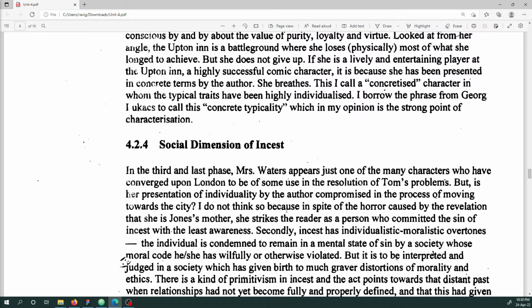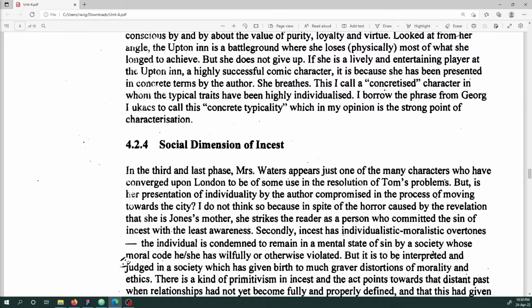But is her presentation of individuality by the author compromised in the process of moving towards the city? I do not think so because, in spite of the horror caused by the revelation that she is Joan's mother, she strikes the reader as a person who committed the sin of incest with the least awareness.